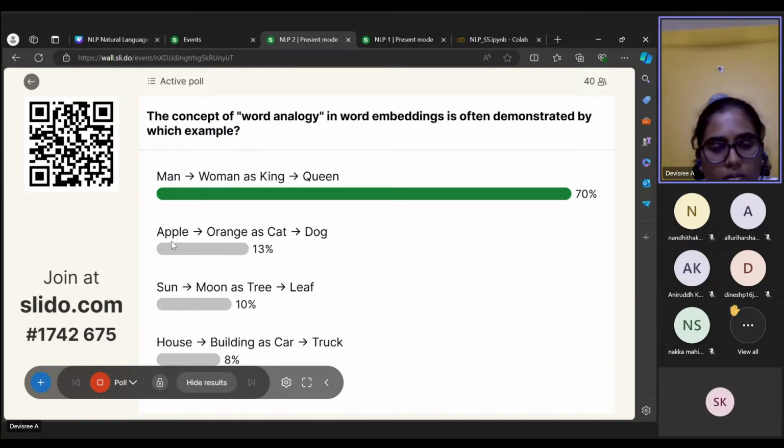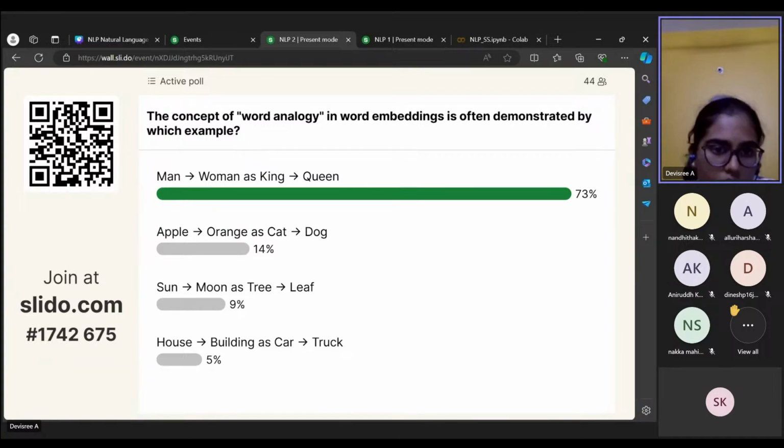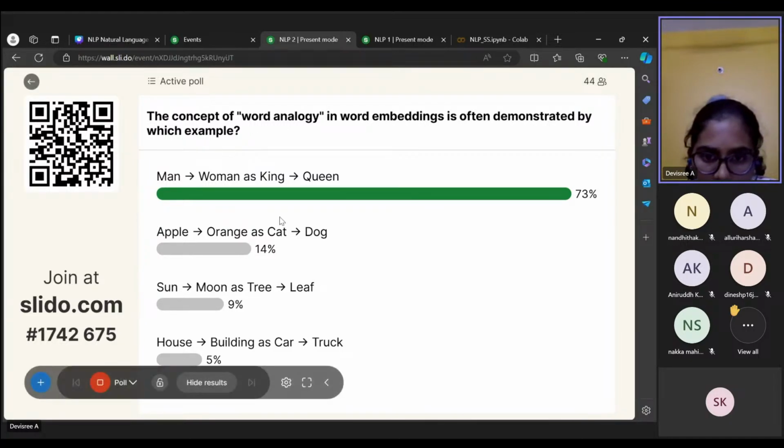Because, as I had explained, apple and orange are placed close to each other because they have similar context or similar meaning. Cat and dog will be placed close to each other, and apple and orange as well. But there is no word relationship in this case.